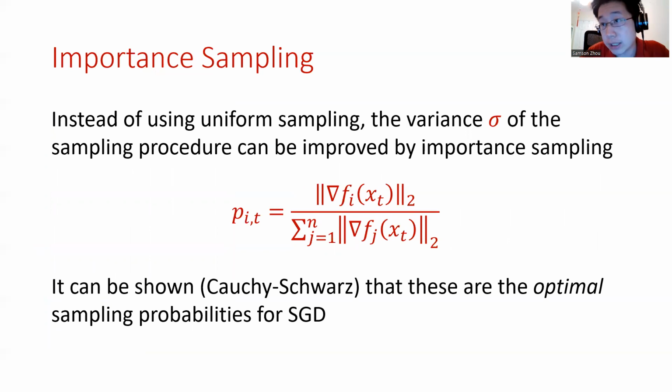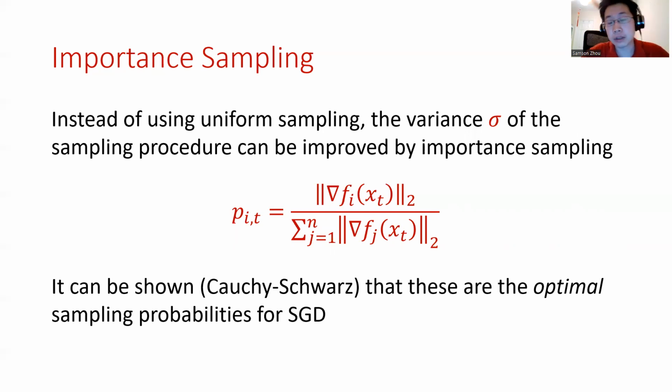From this example, we can already see that a better strategy than uniform sampling might be importance sampling, where we instead sample each gradient with probability proportional to its norm. In fact, it can be shown via the Cauchy-Schwarz inequality that these are the optimal sampling probabilities for SGD, meaning that if we choose them, SGD will have the fastest convergence rate possible.